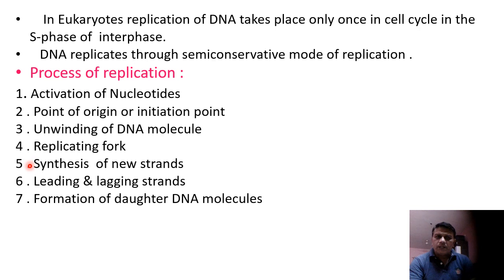Then on each of the separated parent DNA strands, new strands are produced. These are the leading and lagging strands. Then finally, in the seventh step, there is formation of daughter DNA molecules. That is, from one DNA molecule, two daughter DNA molecules are produced.